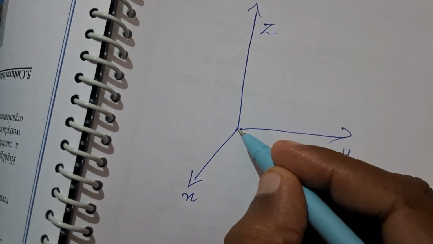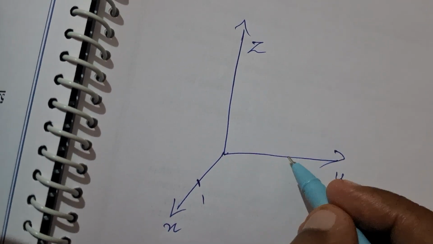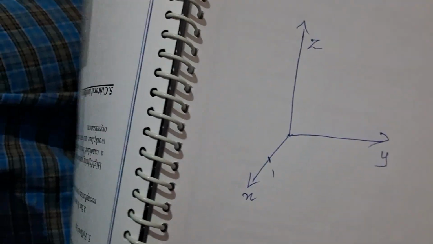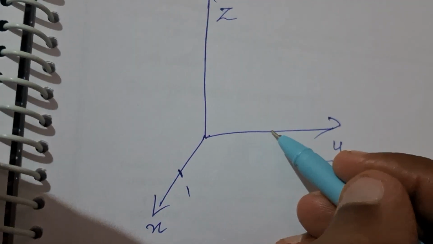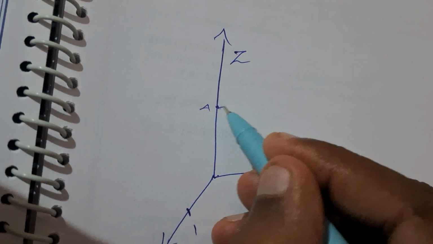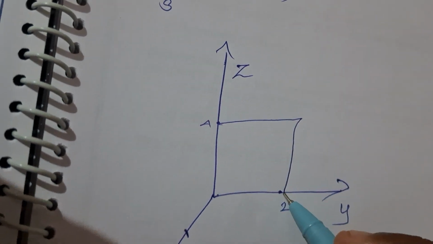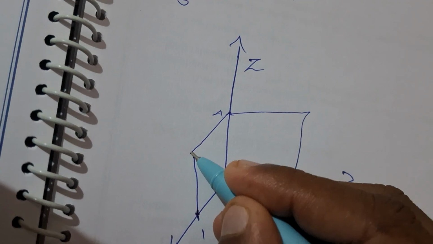The x range is 0 to 1, the y range is 0 to 2, as in the previous limits, and z is 0 to 4. So we can connect these points.